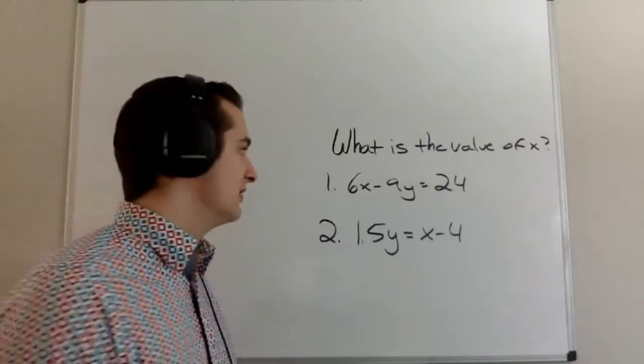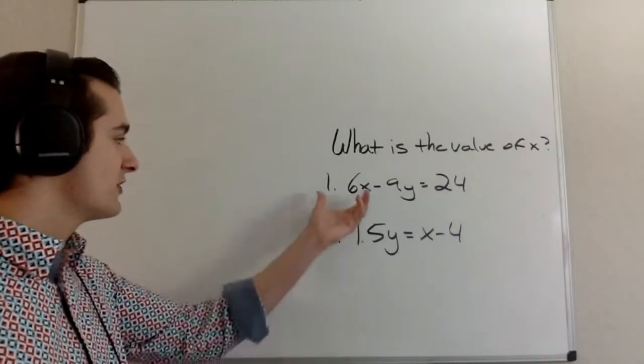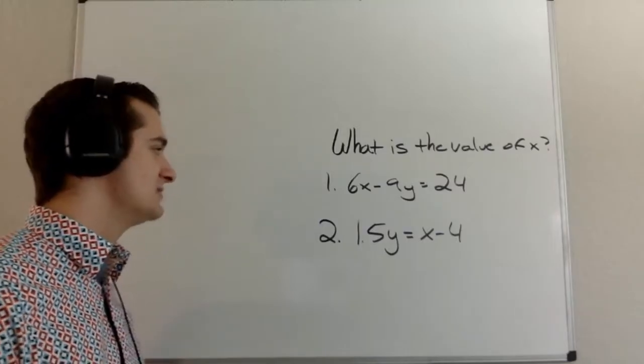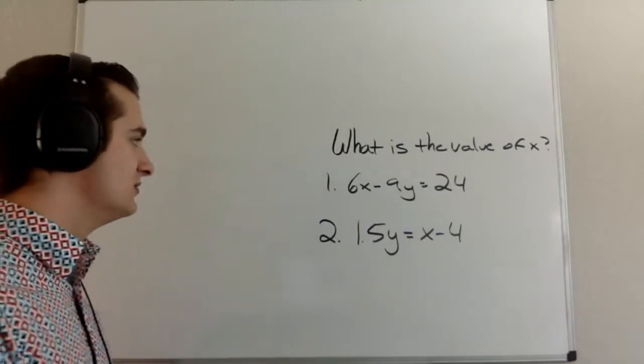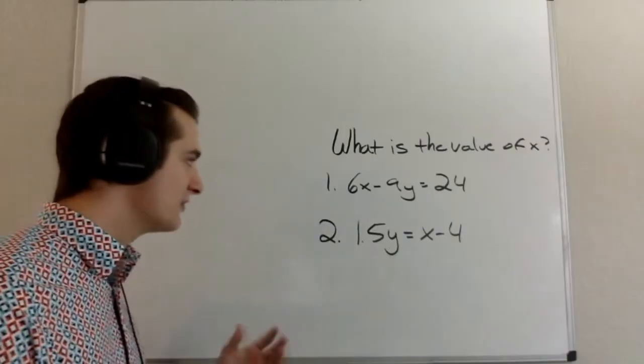What you're going to want to do here first is simplify this equation. So for example, with statement 1, what I see is 6x minus 9y is equal to 24. Well, I see that each of these terms has a factor of 3 in it.